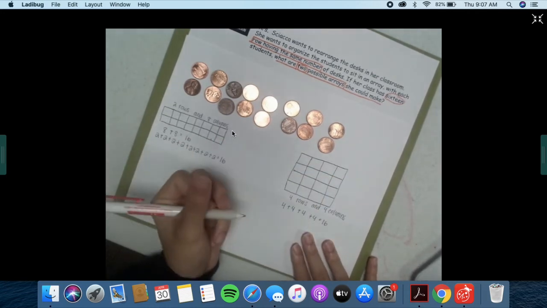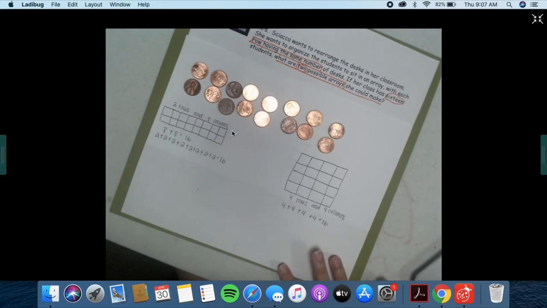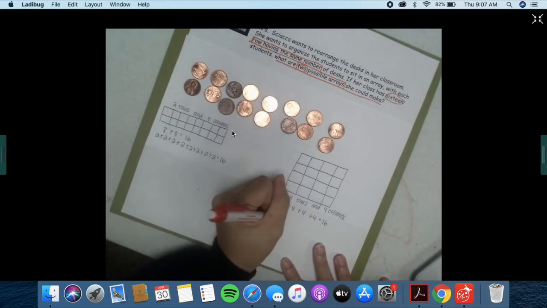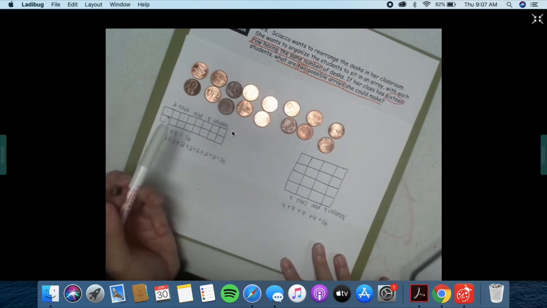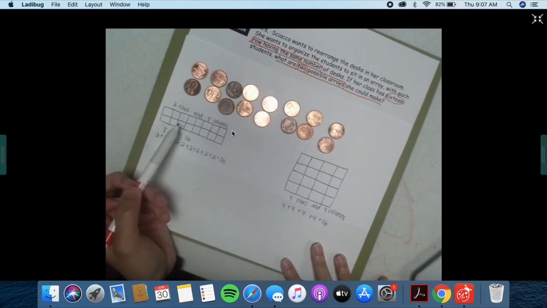Wow. So these are two different ways that Miss Shaka can have her desks arranged in her classroom.